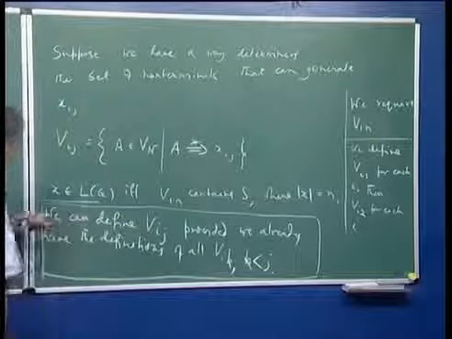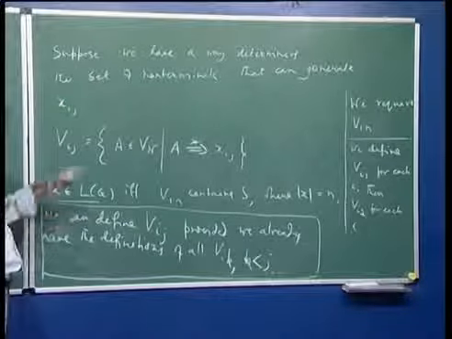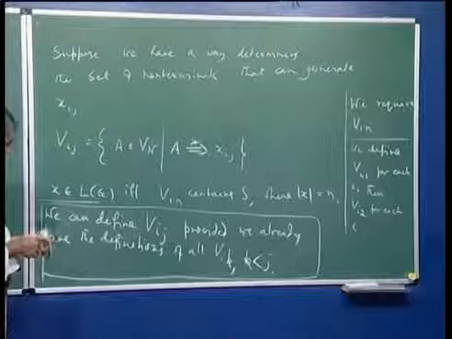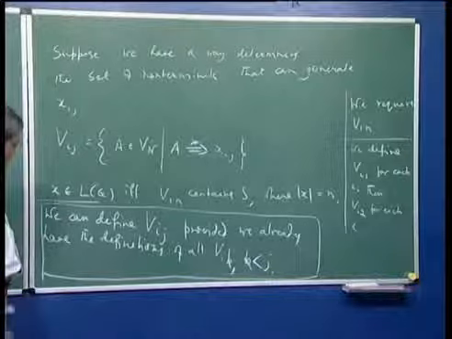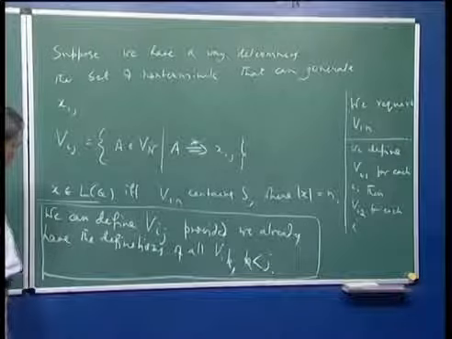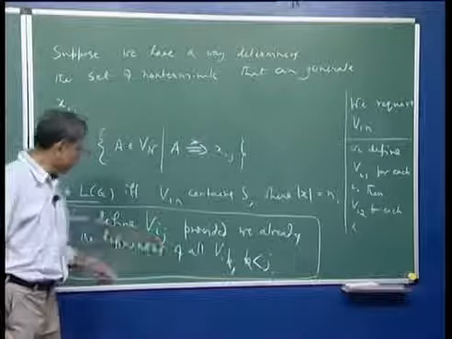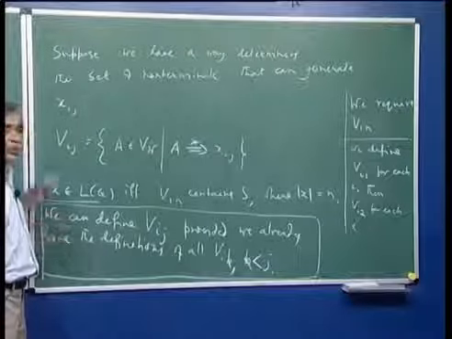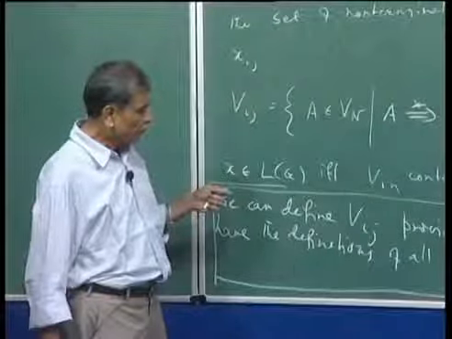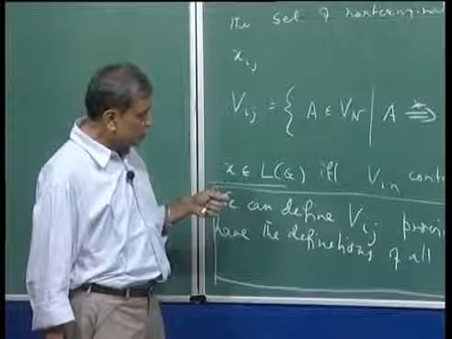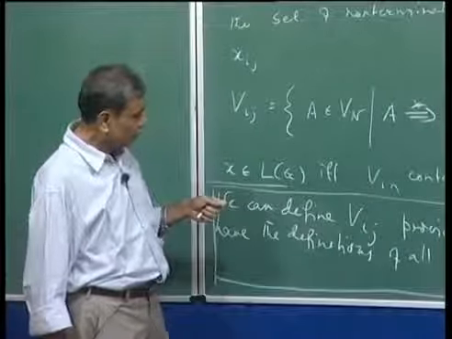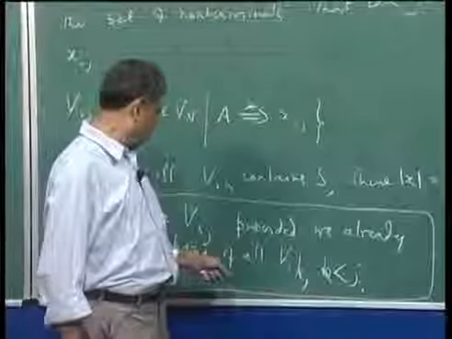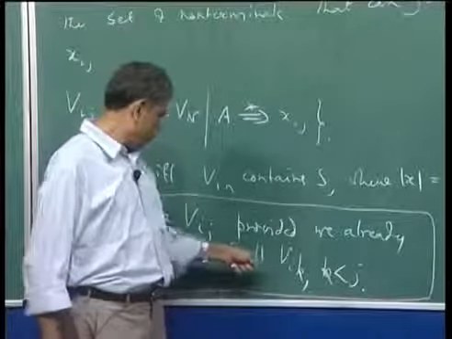So this is what we said, that we can define Vij, the set of non-terminals which generate the substring starting at i of length j, provided we know all those non-terminals which can generate all Vik.